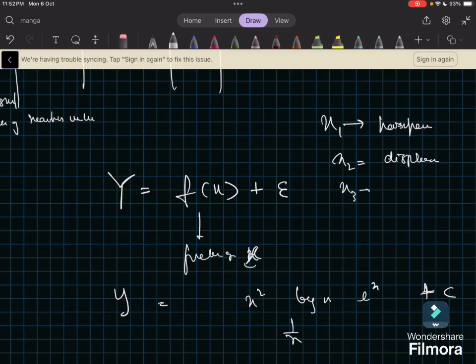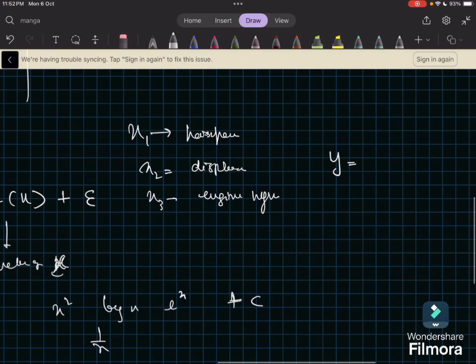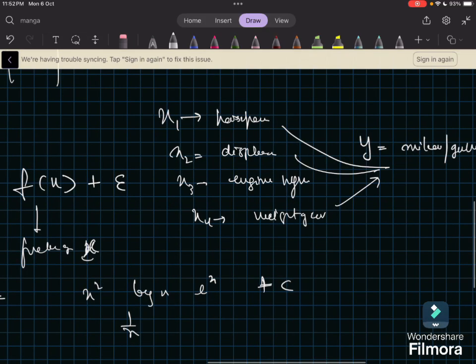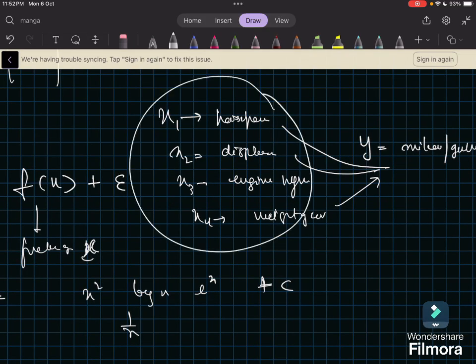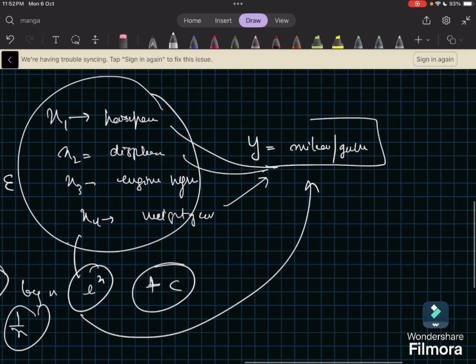We have x3 equal to engine type the car has, which will further affect y, which is the miles per gallon the car runs. We have x4 equal to the weight of the car. All these factors, all these input variables, in some shape or form will provide us miles per gallon.